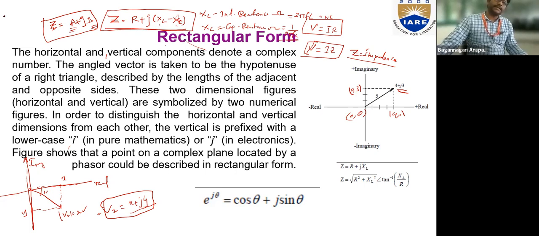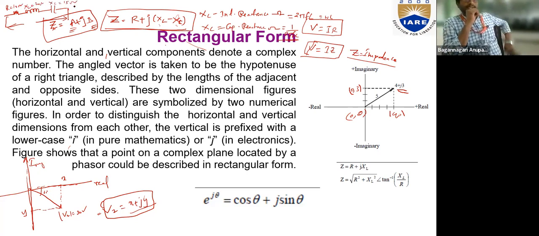What will happen in general is, suppose this is a resistor and I have an inductor and a capacitor. For simplicity, let me give you some values. R is equal to 10 ohms. Let me write XL is equal to 20 ohms and XC is equal to 15 ohms.